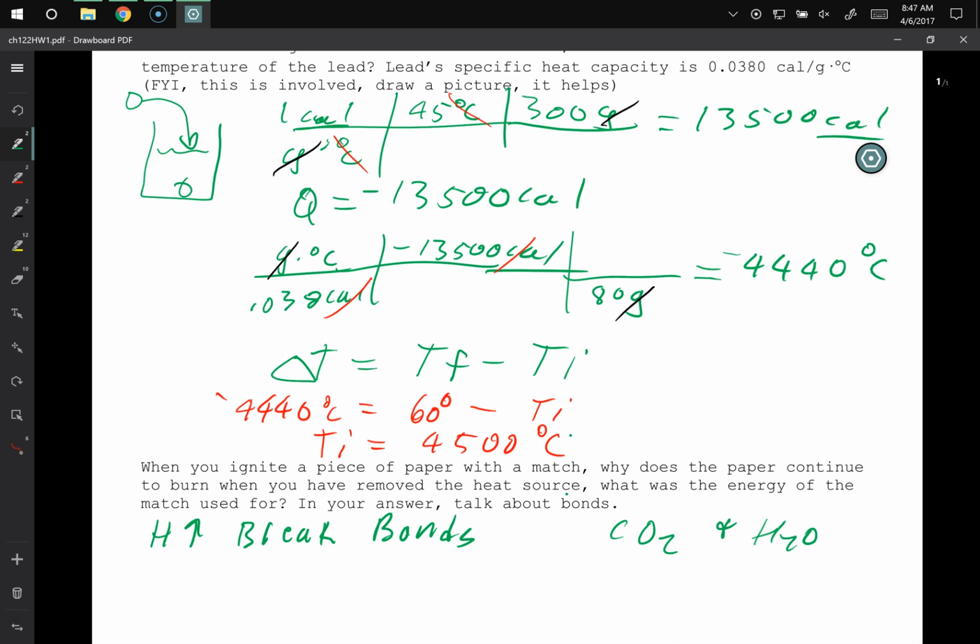And when the carbon dioxide and water bonds come back together, then I get a bunch of energy. I get so much energy, basically three things happen. One, I have enough energy to break the next glucose apart. Two, I have enough energy to see it. And three, I have enough energy to actually feel the heat come off of it. That's it.